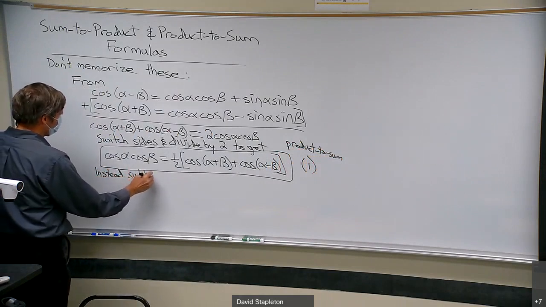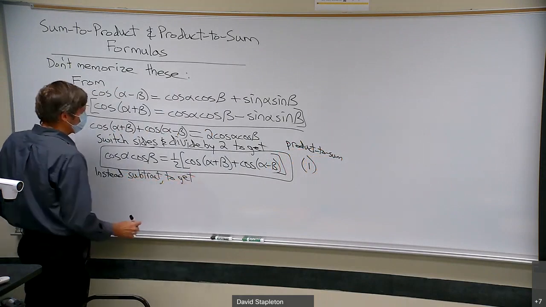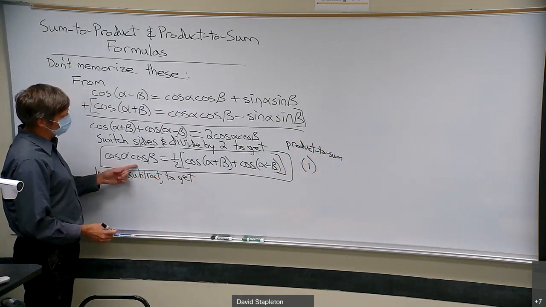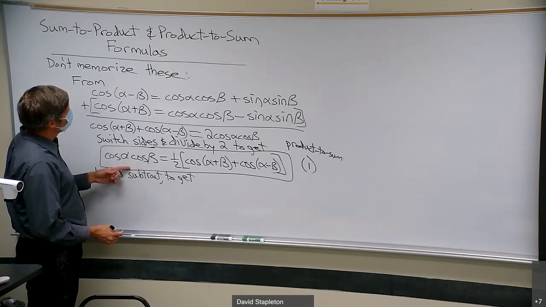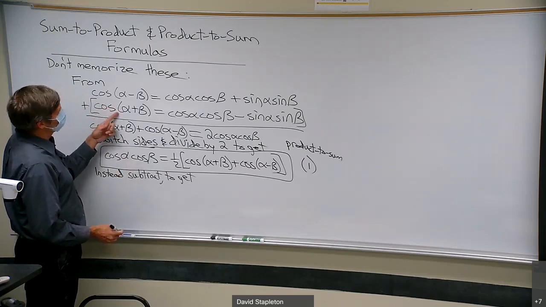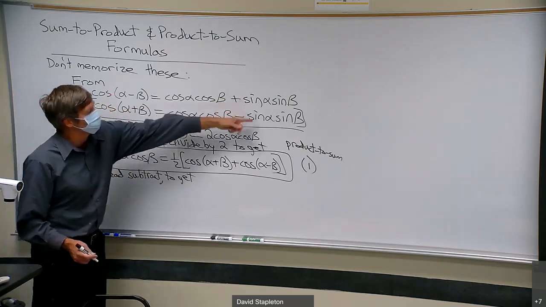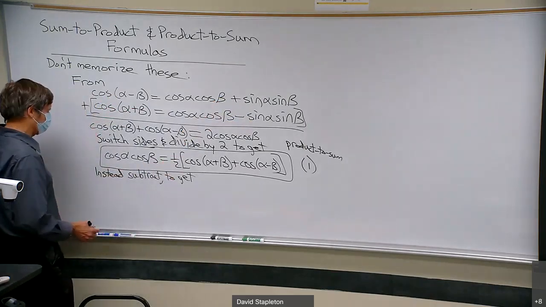But you can see why I say it's easier to memorize the proof sometimes than the formula. This formula isn't too bad to memorize. I find this to be the easier of the ones that we're going to do, although they're pretty similar. But if I remember these two, and I do, I use these a lot. I just think in my mind of adding these on the left and the signs canceling out. And I get this with a factor of 2 just by kind of thinking of it in my head.